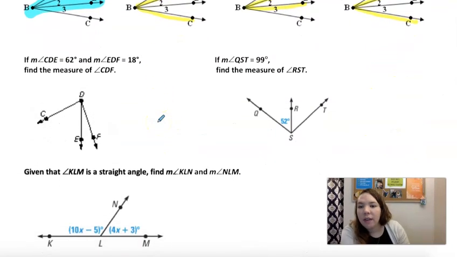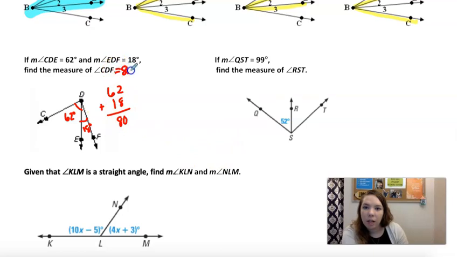If the measure of angle CDE, so this piece, is 62, and the measure of EDF, this piece, is 18, find the measure of CDF. So if you add 62 plus 18, you should get 80. Okay, so CDF is 80 degrees.